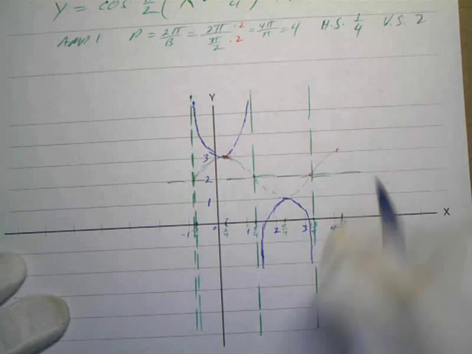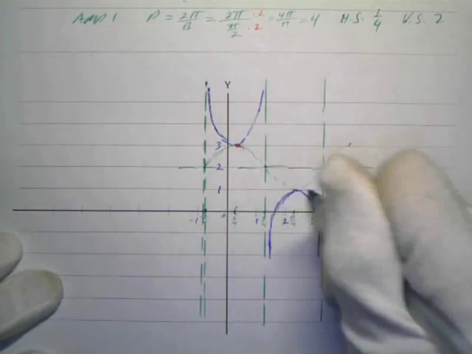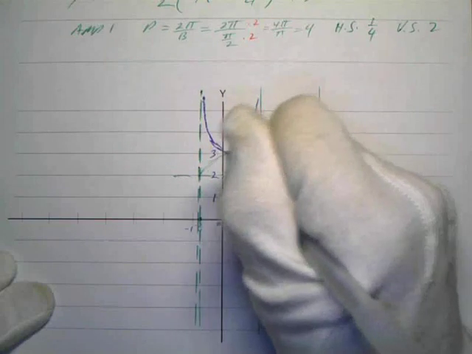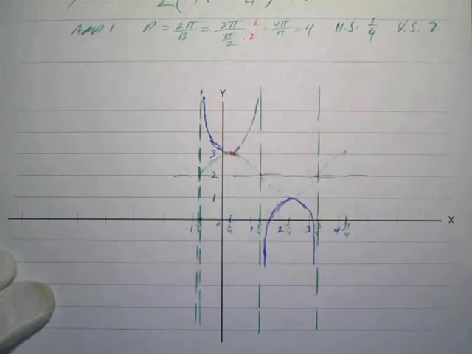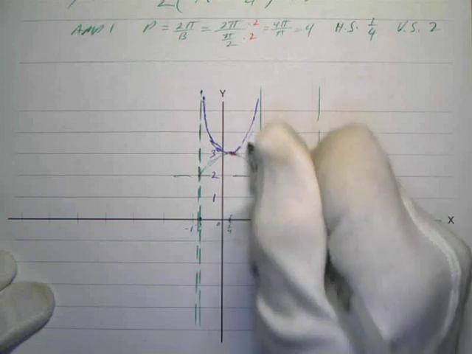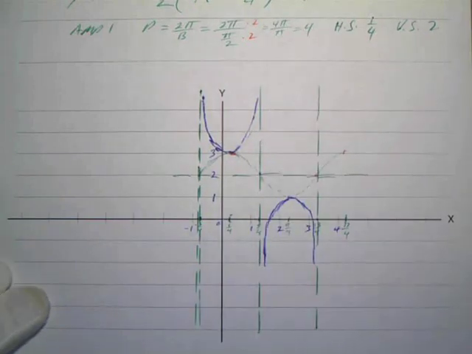There you go, and that's what you got. That's kind of not very symmetrical. Sorry about that. Something like that. Hope that makes sense. It's kind of hard to get the symmetry because this is off center. Everything's off center, so it looks a little odd.